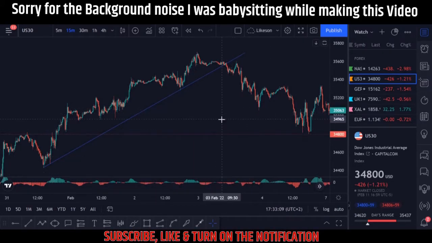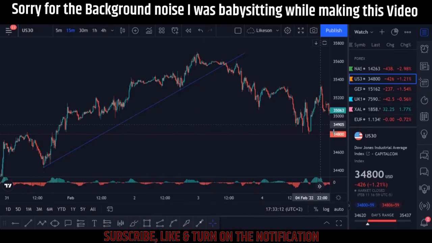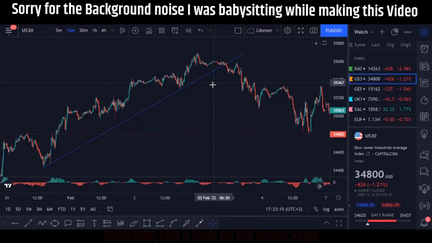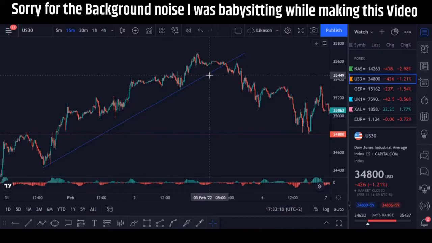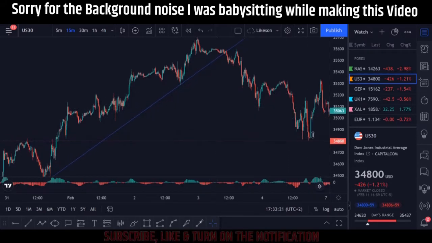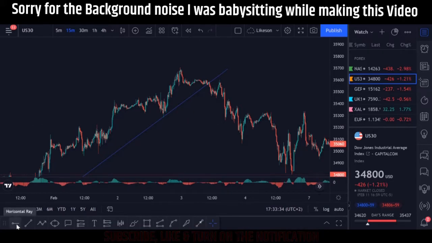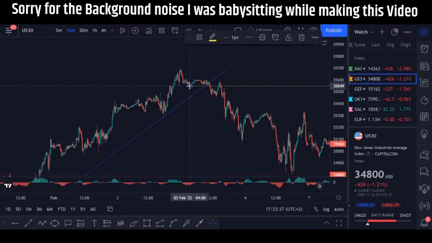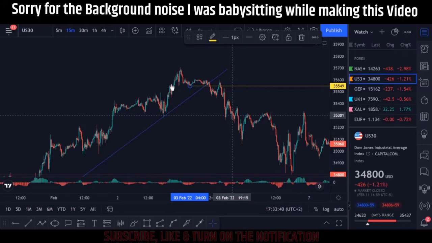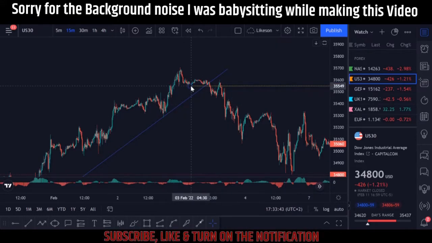What we need to look at is that in an uptrend, we have to spot the last high low, right? The last high low before it broke down is this one. So we're going to mark it. That's the last high low there. This last high low here is valid because if you look at the MACD, it's in red.